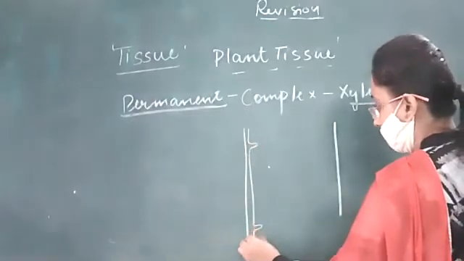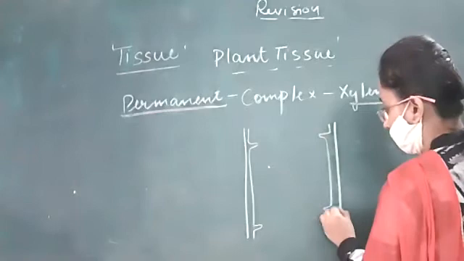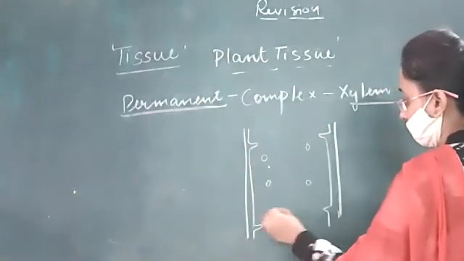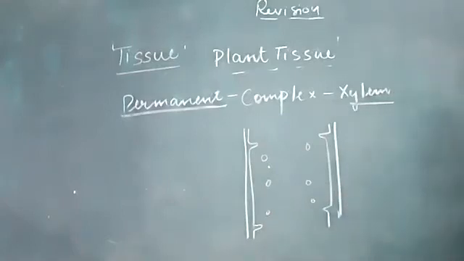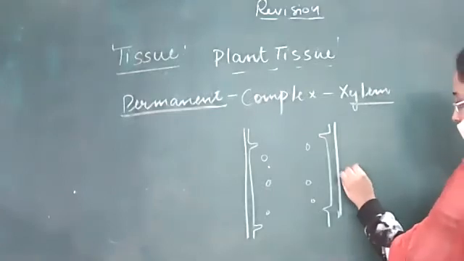This is the cell membrane. It consists of pits here. Okay. So there are tracheids also.